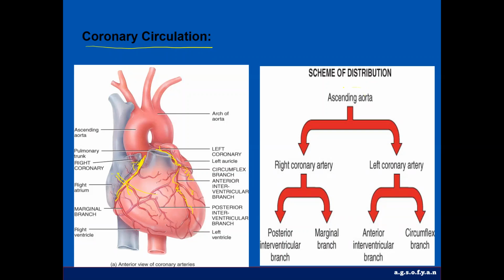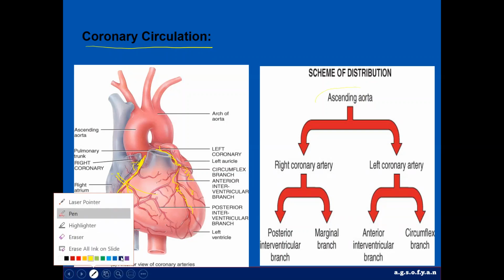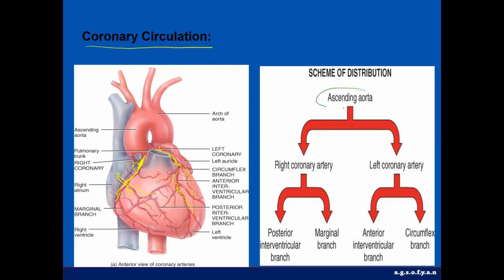Again, from the aorta, the ascending part of the aorta, it will be branching into right coronary artery and then left coronary artery. The right coronary artery will also branch into posterior interventricular branch and marginal branch.